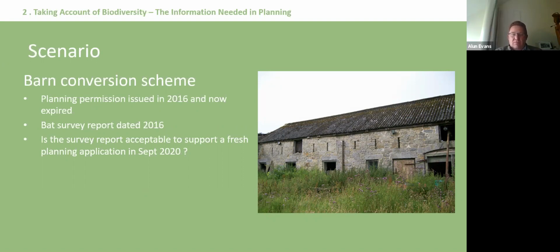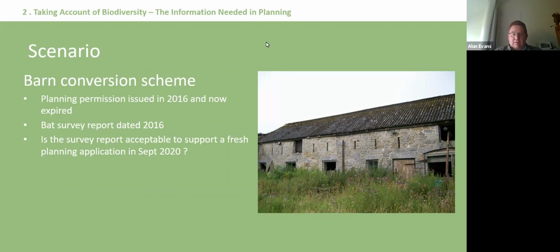But when you've got a range of barns, one survey is probably not going to be enough anyway. Realistically, you're more likely to have to run further surveys starting in May next year. So you might ask the applicant to withdraw the application or just let it sit on the books, depending on what the stance is within your authority.